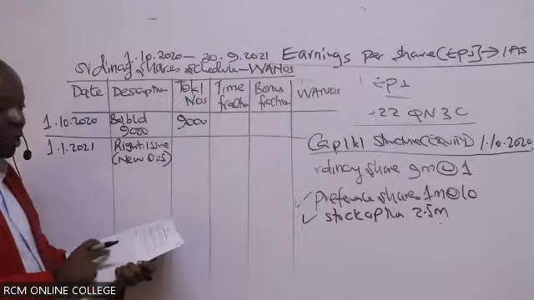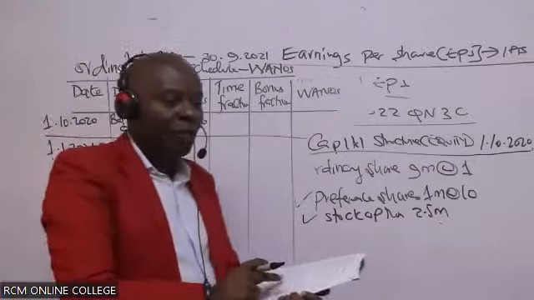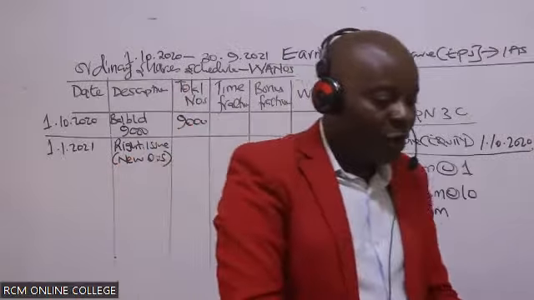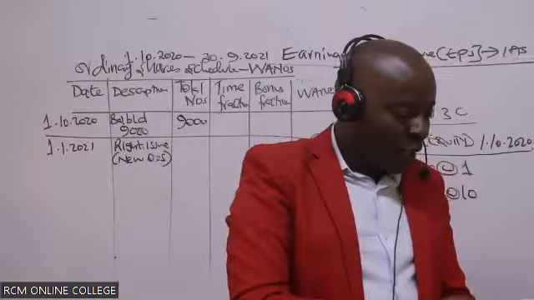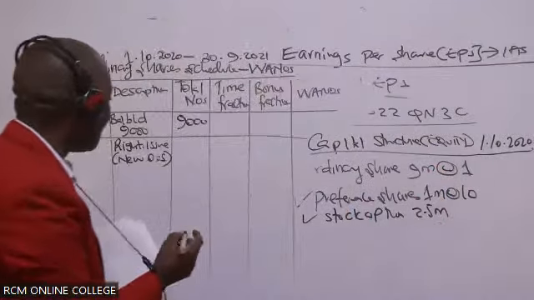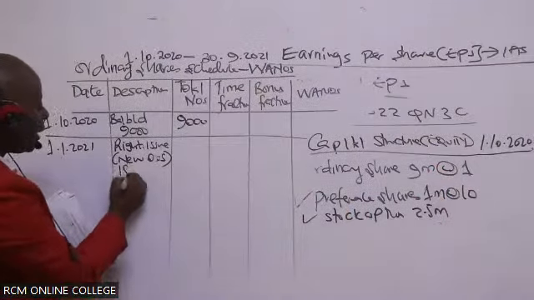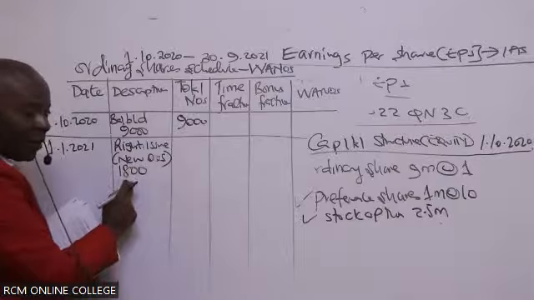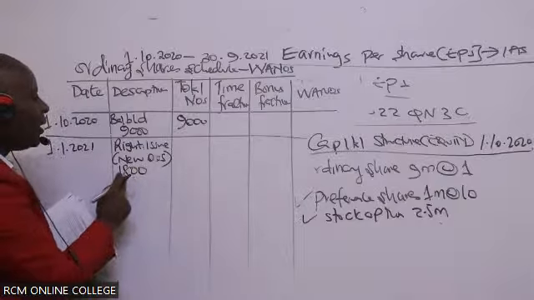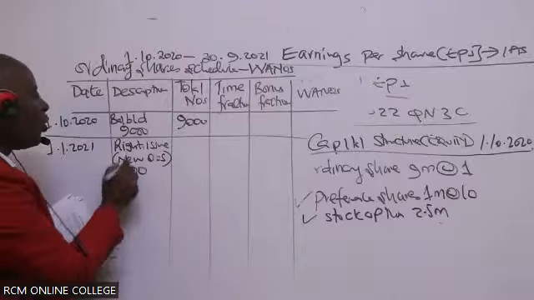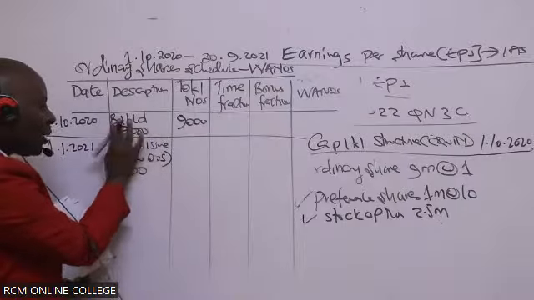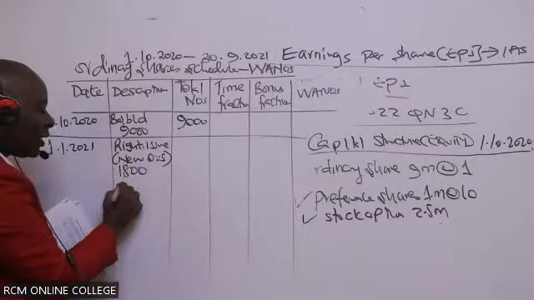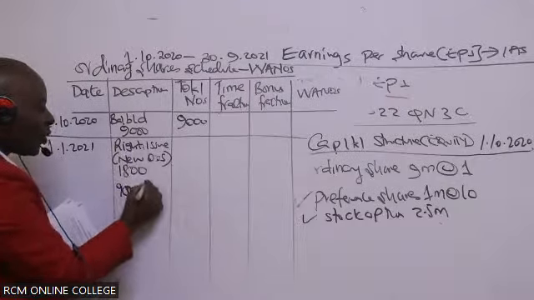So ladies and gentlemen, if you're very keen, you'll be able to see that we issued new shares here. We issued how many shares? We issued 1,800 shares. I don't know why this examiner gave us this number. Otherwise, in this particular case, we normally take the shares outstanding, like this 9,000, and then we multiply this with the rights fraction.